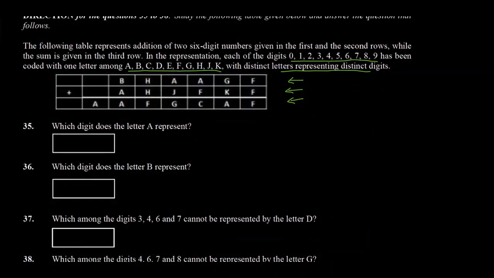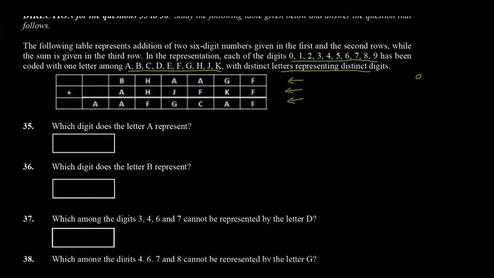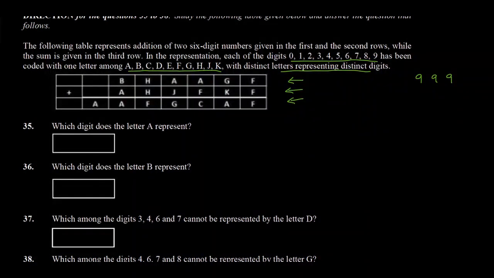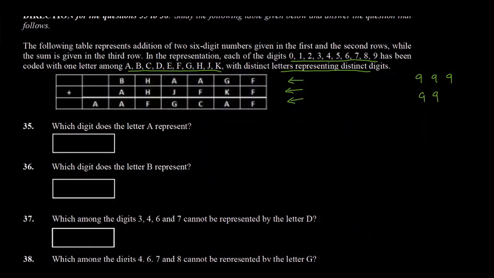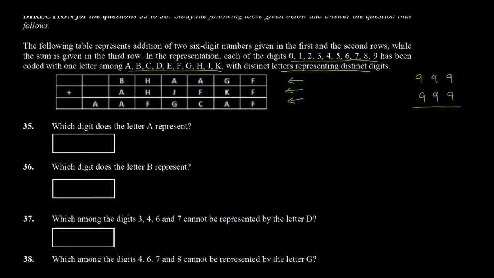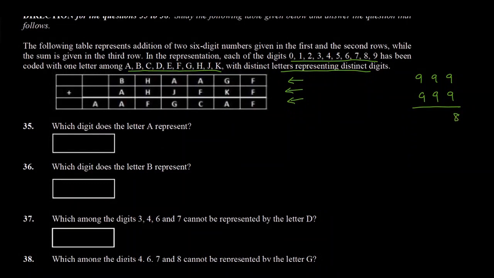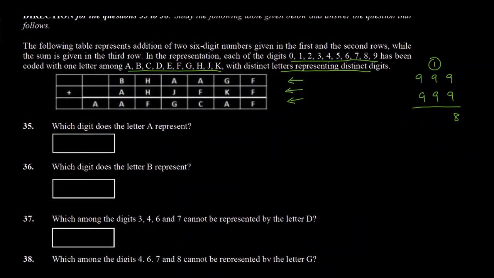Now before we start, we need to understand one very simple concept. So let's say we have a number 999, 9 being the highest single-digit number, and we are trying to add these two numbers. Notice that 9 plus 9 is 18, and the carryover is 1. Again, 9 plus 9, 18 plus 1, 19.